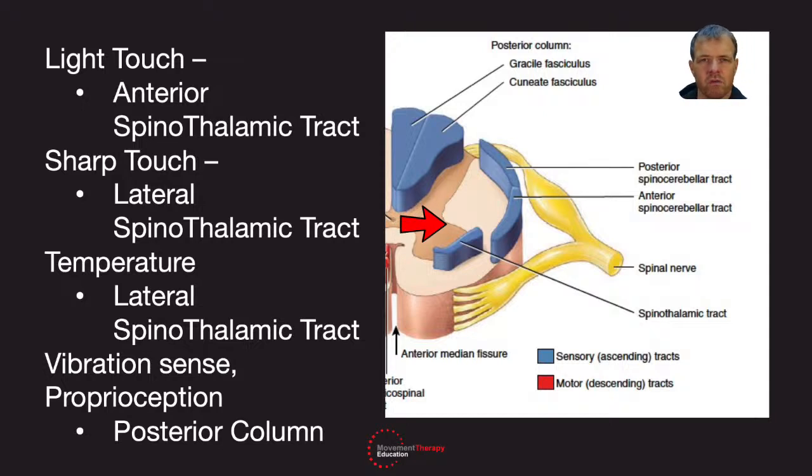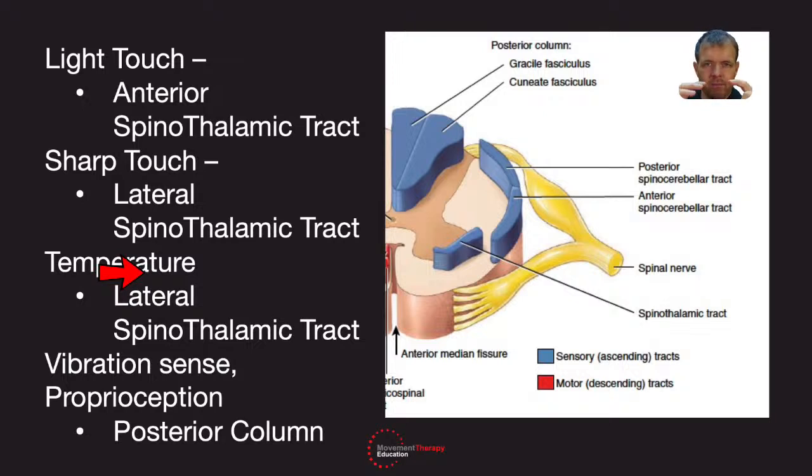So when you're doing neurological testing, sometimes the light touch will be okay, but the sharp touch might be quite dull, and then that maybe will affect the temperature as well. We can't diagnose just by doing these tests because they're not very specific. There is something going on with their nervous system.